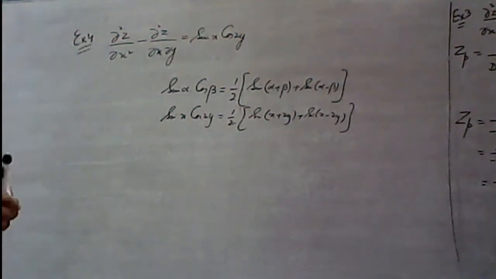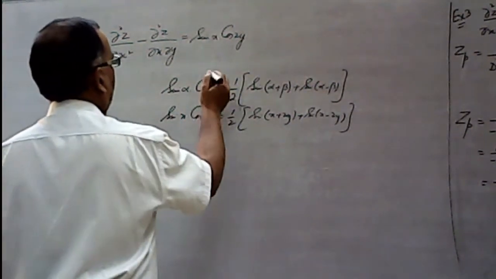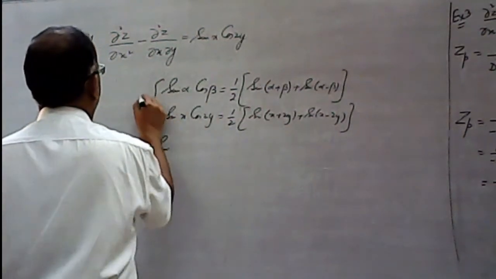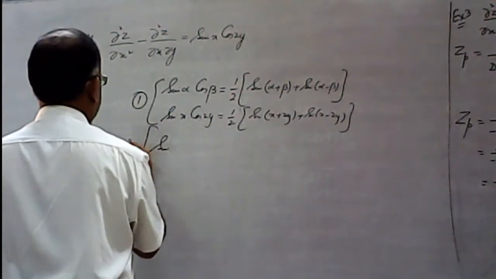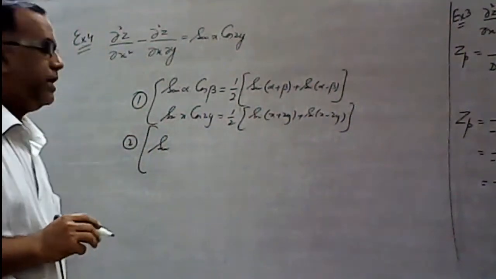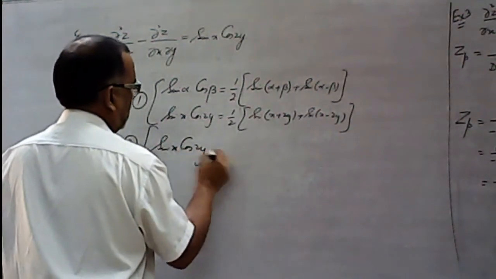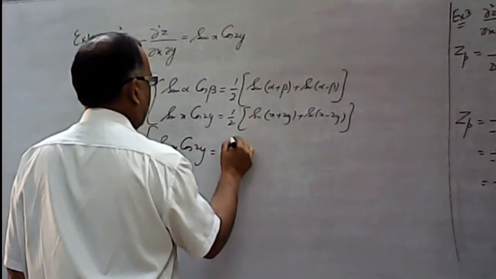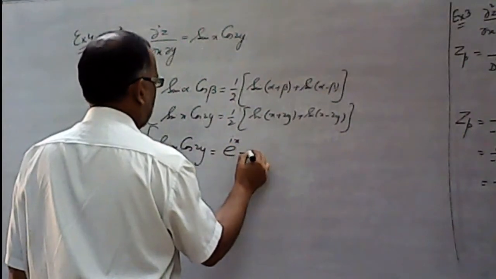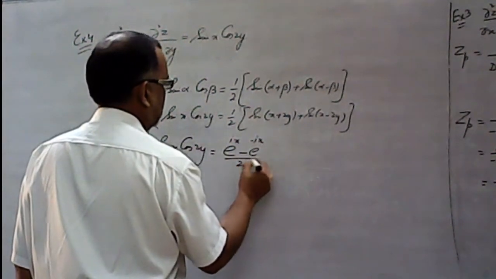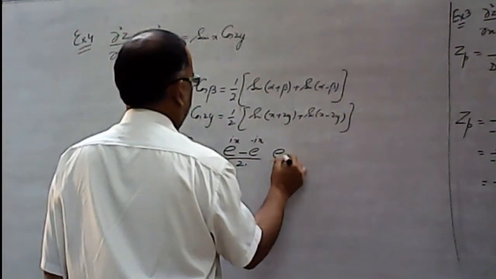This is one way to deal with it. The second way is to write sin x cos 2y using the exponential values of sin x and cos 2y.